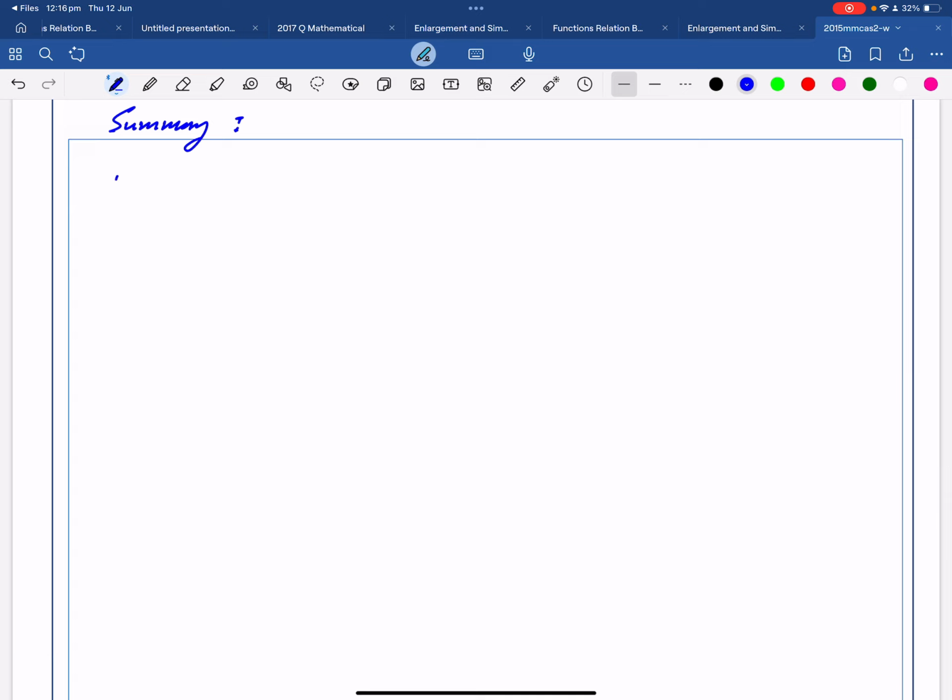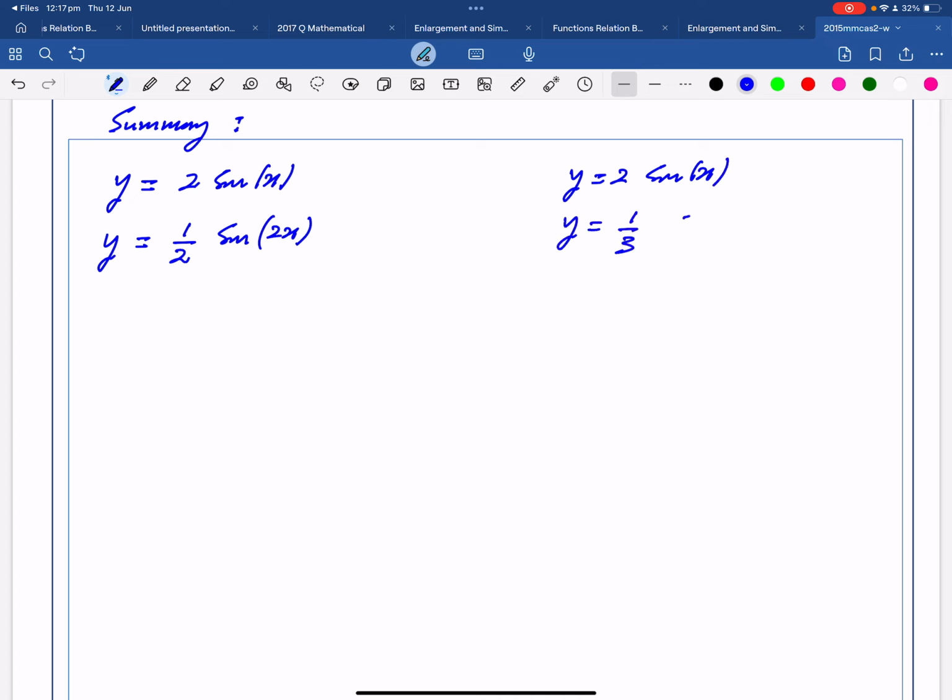So we had y equal to 2 sine x, and the other one is y equal to 1 divided by 2 sine 2x. Then the next part was y equal to 2 sine x, then y equal to 1 divided by 3 sine 3x. Now, if you observe carefully, these are even numbers and this is odd, so that's the odd case and the even case.